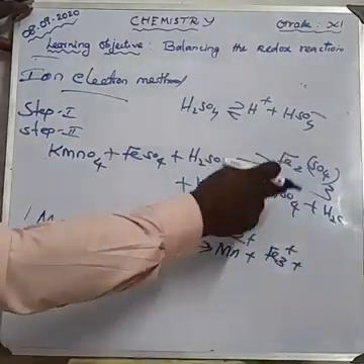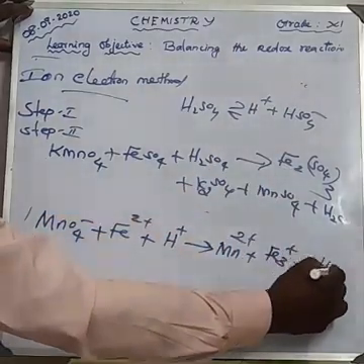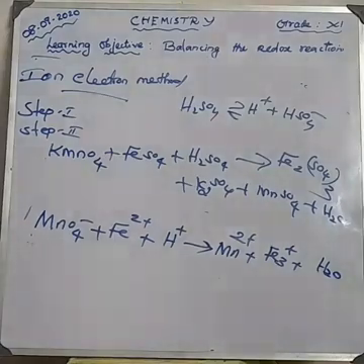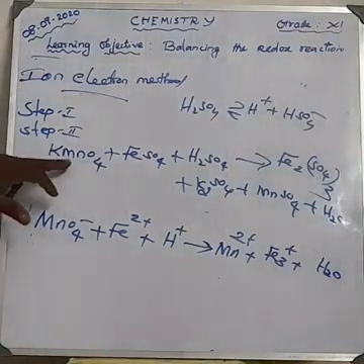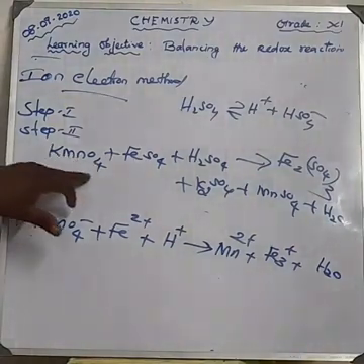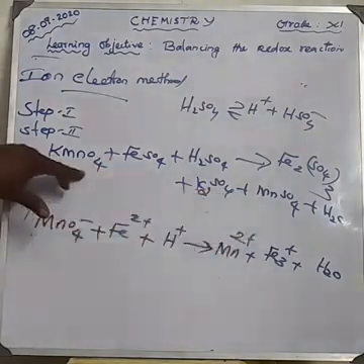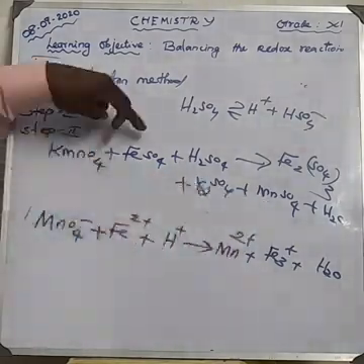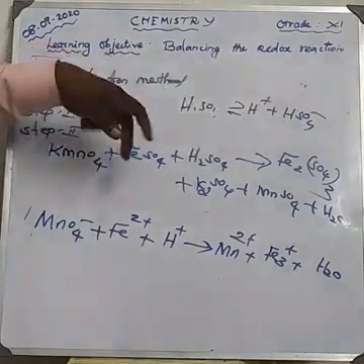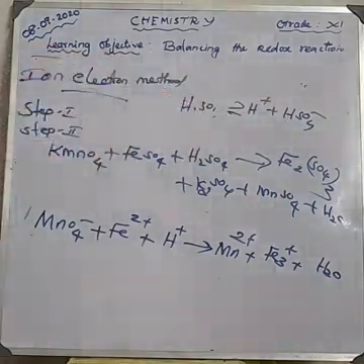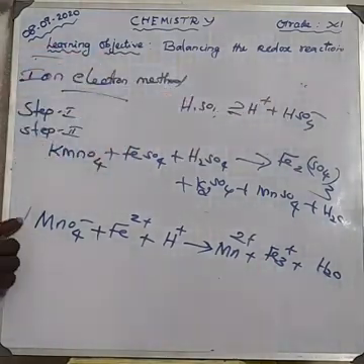And also water, H2O. What's the reason? Here we are balancing Mn with Mn sulfate, and the first one is ferrous sulfate to ferric sulfate, so only the two ions we are taking. How can you balance these reactions?